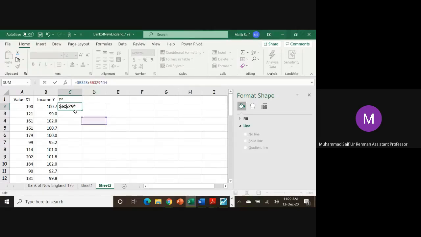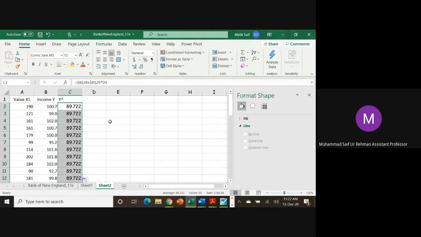Okay, so this is the answer. And now when you left click it twice, there is something wrong. D4, not D4. It is not D4. It's basically A2. Enter. So these are the estimated values y hat.